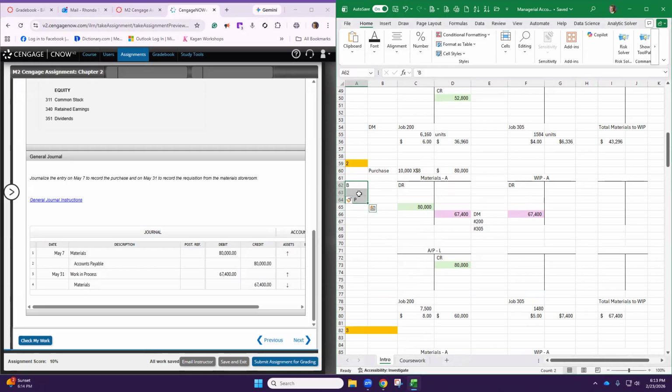Okay, so just so you'd have an idea. Once again, we look to see if there was a beginning balance, and there's not. So if there's no beginning balance, you should make note of it.